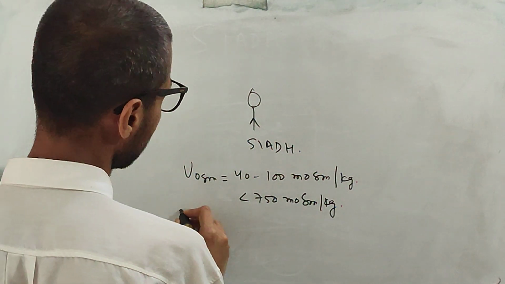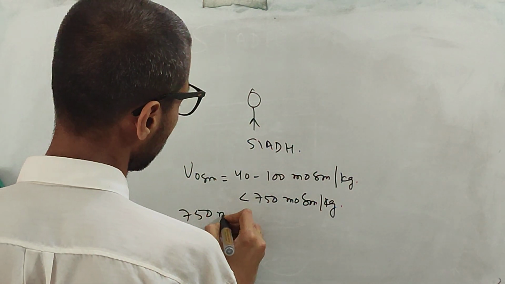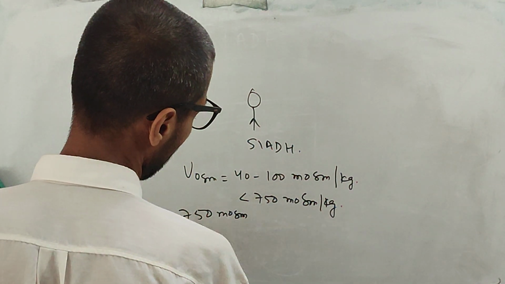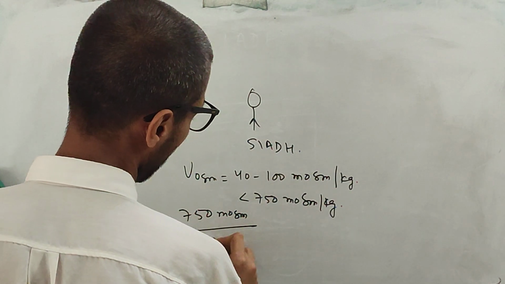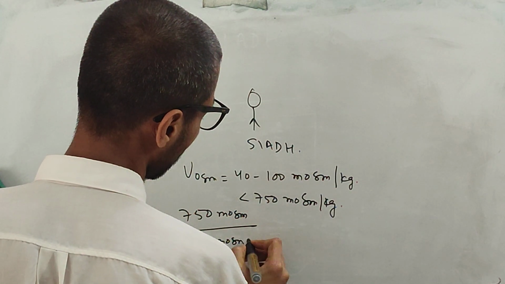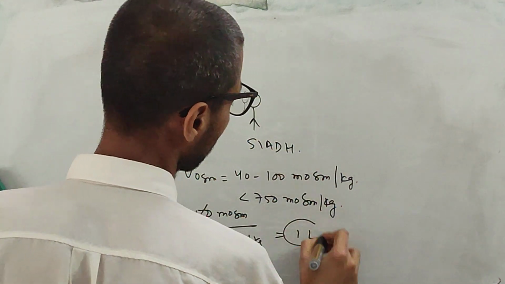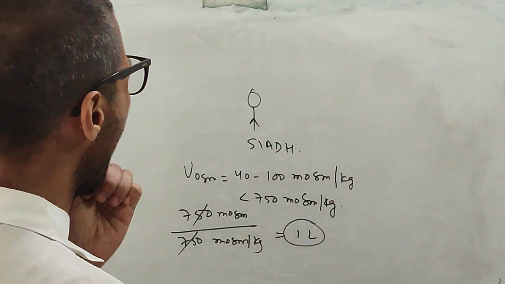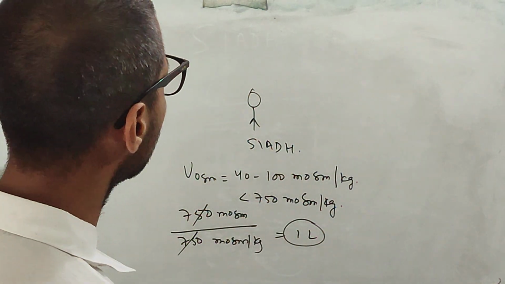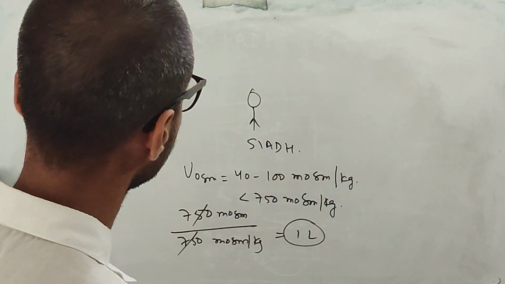And he consumes a diet of, let's suppose, 750 milliosmol. Thus, it produces a urine amount of 1 liter. He cannot produce more than 1 liter of urine.